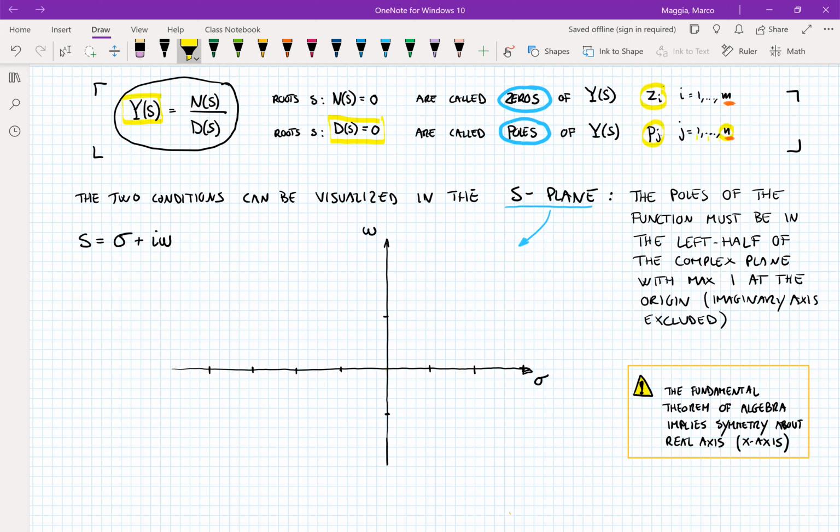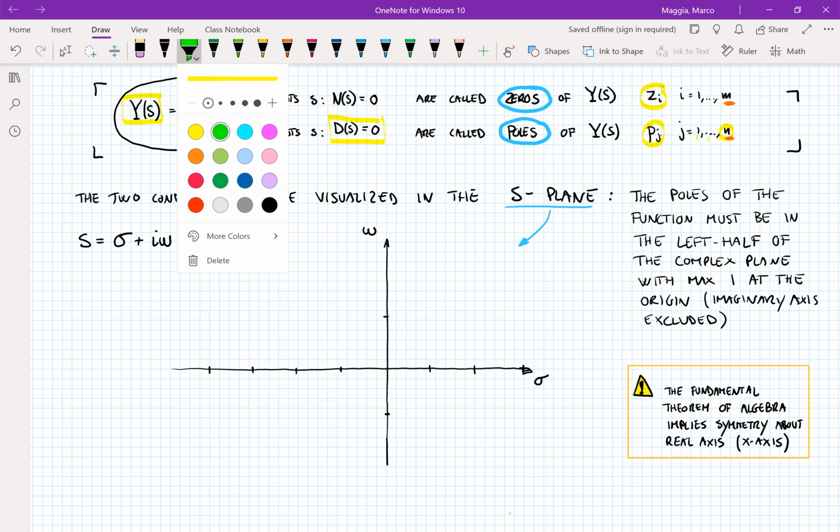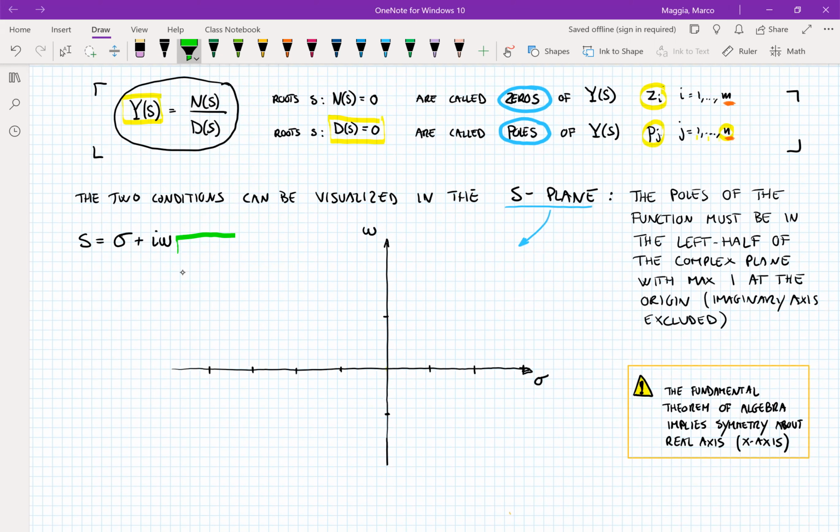And the two conditions, if you want to summarize them graphically: we are allowed to have poles only in the left half plane. This is okay.